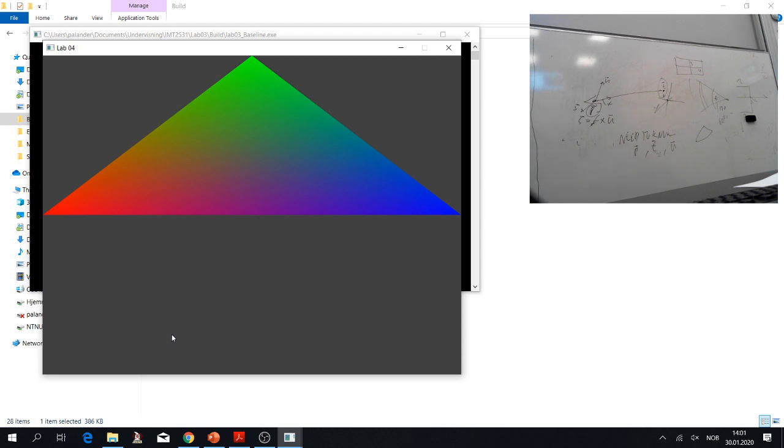Then you start to scale and rotate and translate this around and put one on top of the other and you get this fancy thing. It's just to show what you can do with simple things. And by the way, to repeat, you transform the vertices, and then the rest just follows.